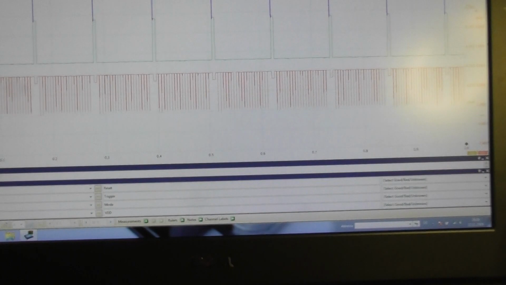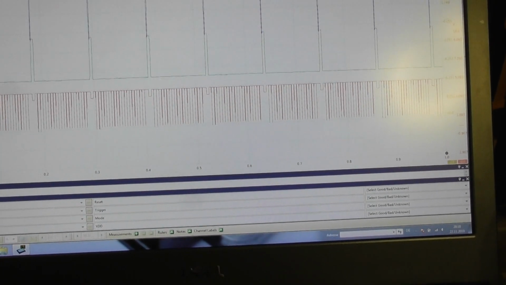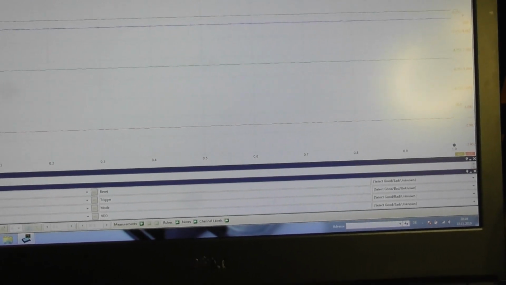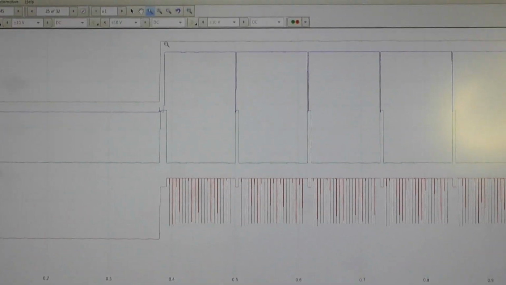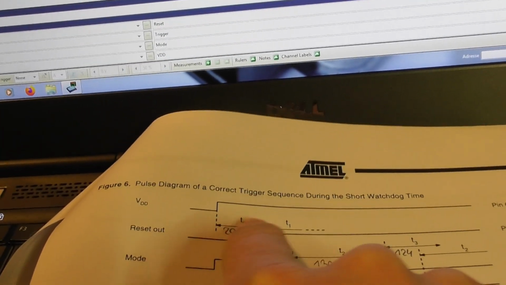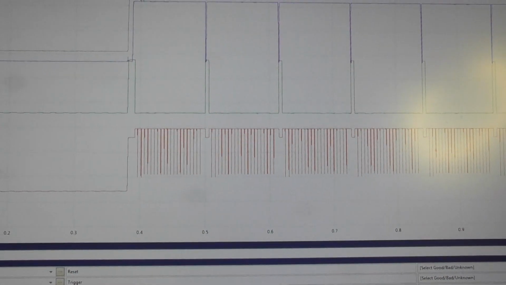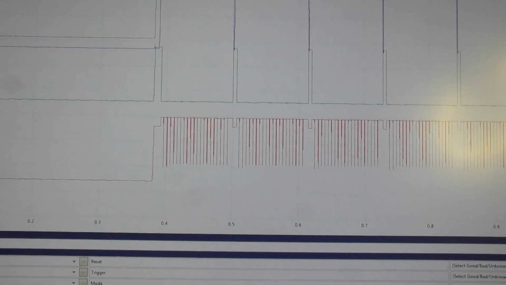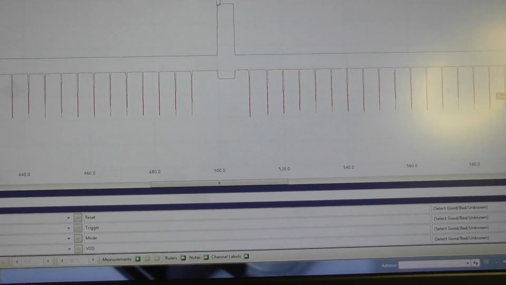So now let's go to the start of all the events. Here it starts. The top line is the supply voltage exactly according to this diagram here, and the blue trace is the reset. Zoom in more.